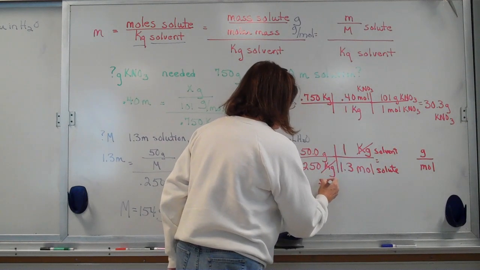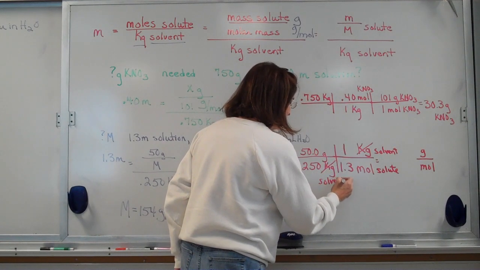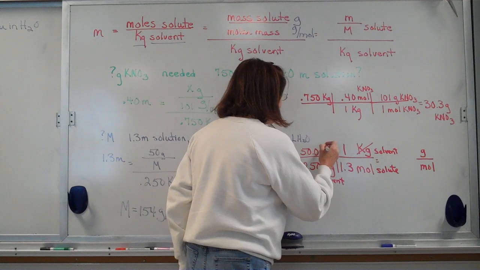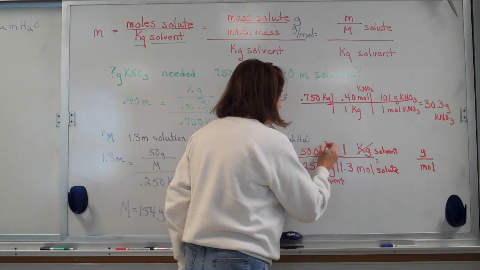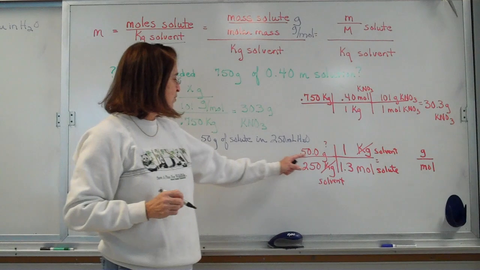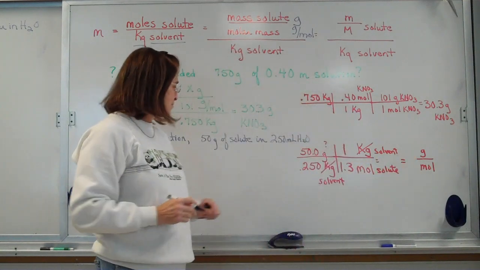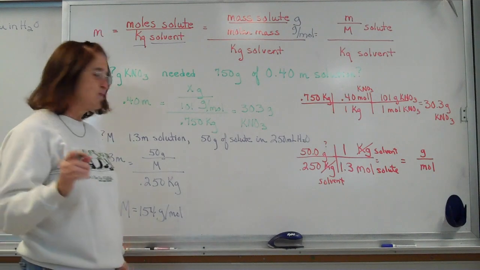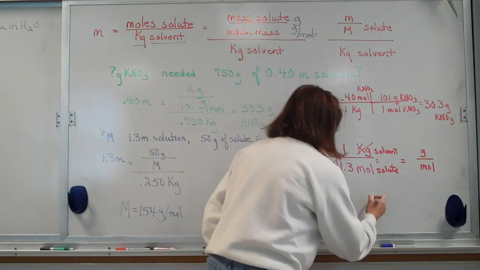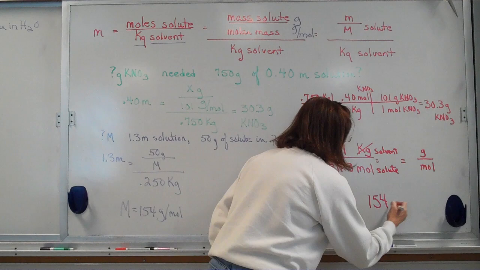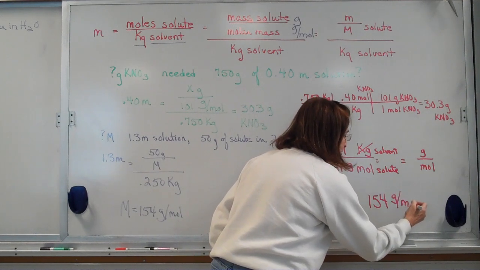This is kilograms of solvent, that's canceled out. And this is my unknown solute here. So I'm left with units of grams per mole. And if you do this math, you're going to come up with the same answer. You're going to come up with 154 grams per mole.